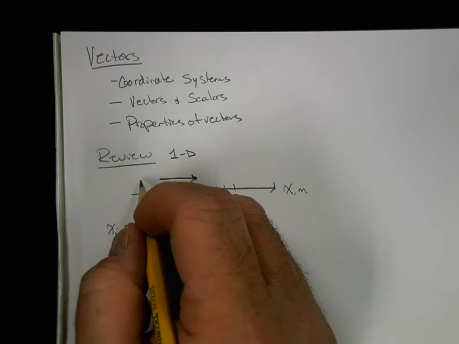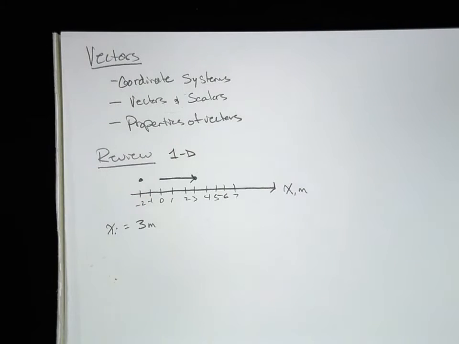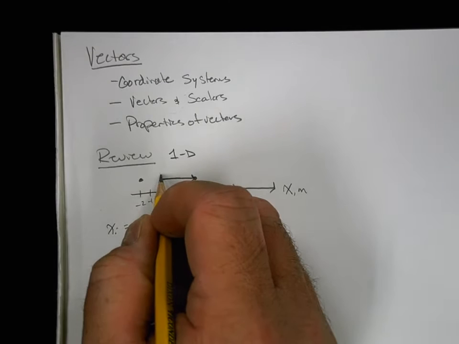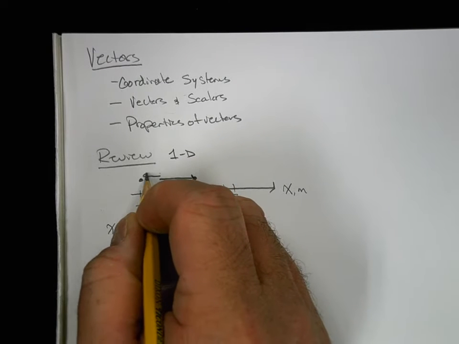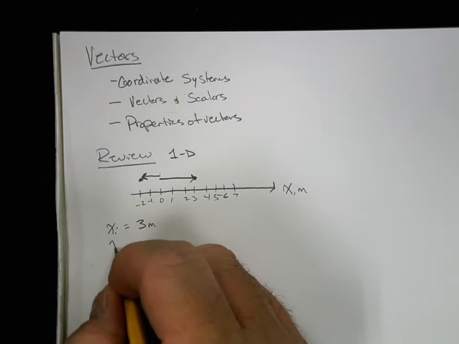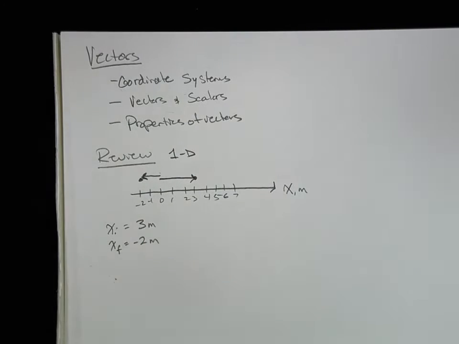Then he decides to move all the way down here, which gives him a final position of -2 meters, and that negative implies that the vector is going the other direction.